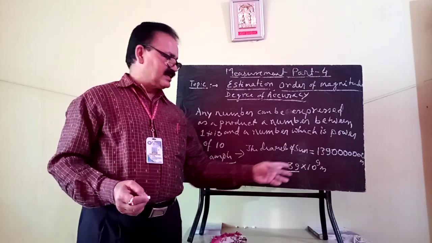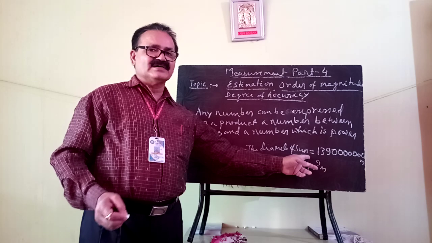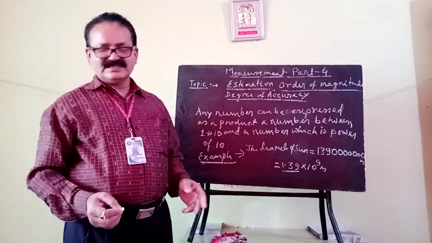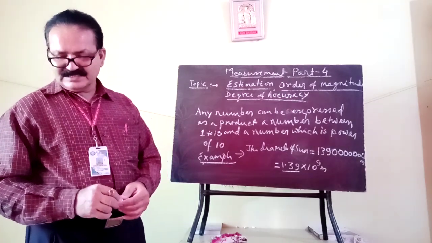A large amount of data can be expressed as a positive power of 10, here 10 to the power plus 9. For a smaller quantity also, it can be expressed similarly.